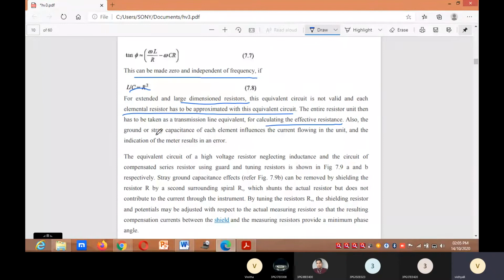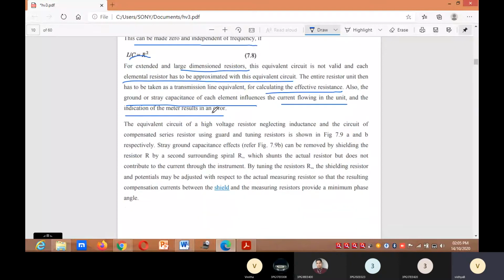The ground or stray capacitance of each element influences the current flowing in the unit, and the indication of the meter results in an error.